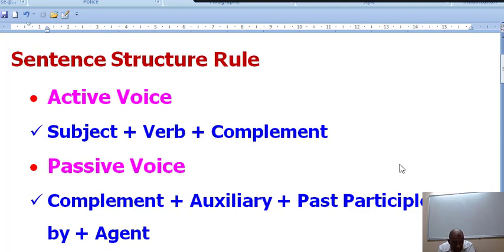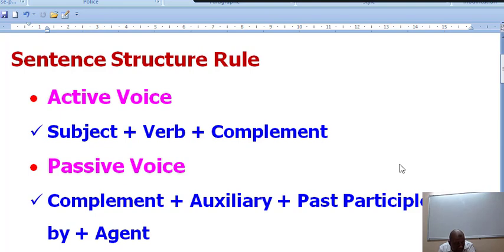Then the tense of this verb should be given to the auxiliary. It means if it is in the present, the auxiliary should be conjugated in the present. If it is in the past, it should be conjugated in the past. This verb becomes past participle. It's not simple past, it's past participle.